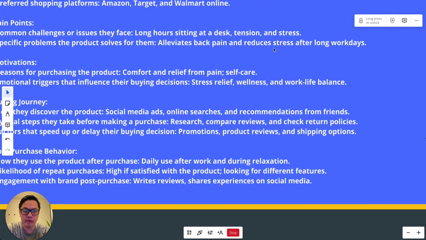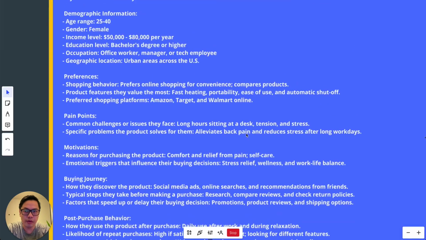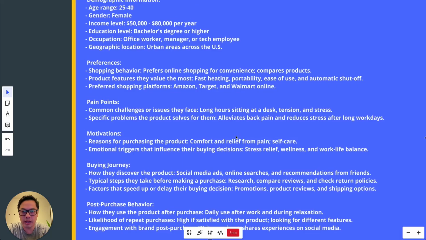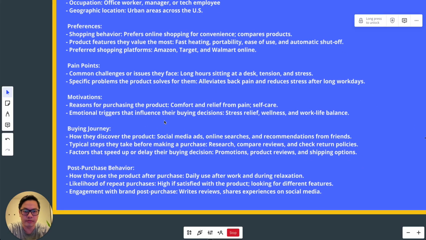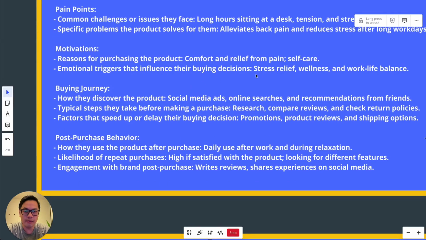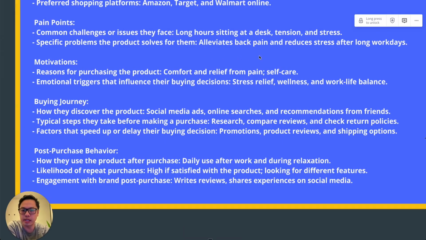Alleviates back pain and reduces stress for long work days. So that might be really interesting. If you made a product specific to the busy professional, you're gonna want UGCs of somebody who's at work actually using this heating pad for that. But we'll revisit the keyword groups again and see if these pain points pop up.